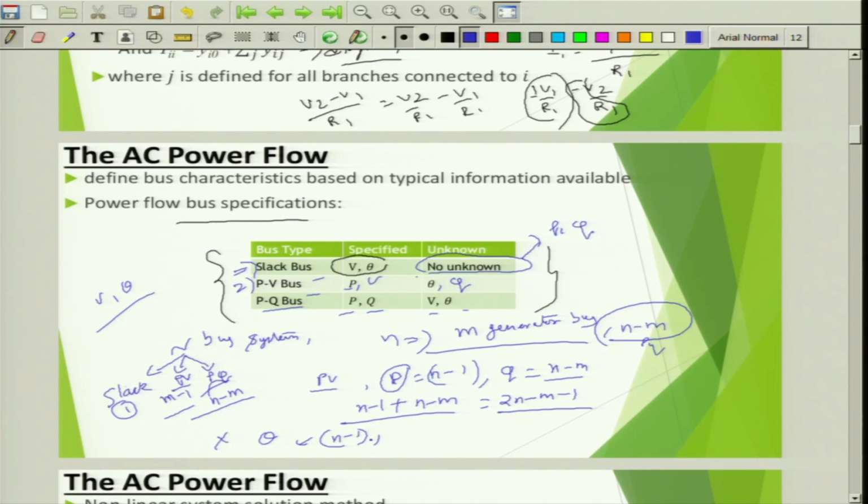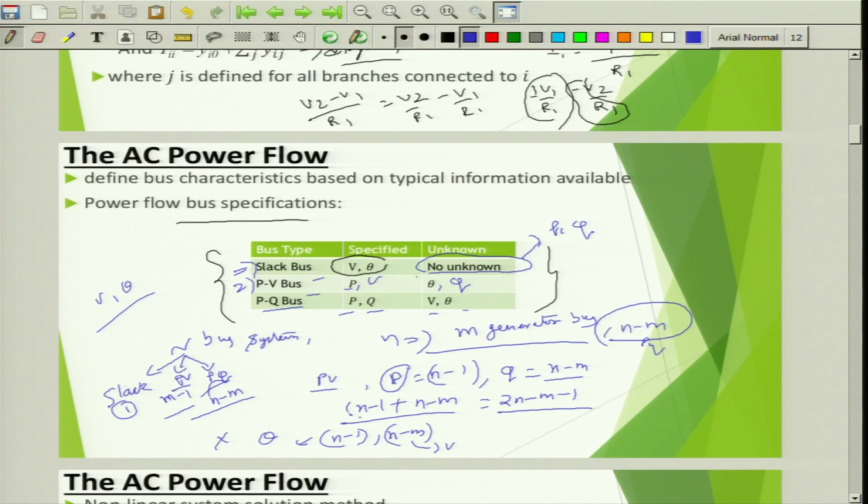And how many V do we not know? In the PV bus we know the voltage, and the slack bus is anyway not considered, so n minus m voltages we do not know. So n minus 1 angles and n minus m voltages are unknown, whereas n minus 1 active powers and n minus m reactive powers are known.